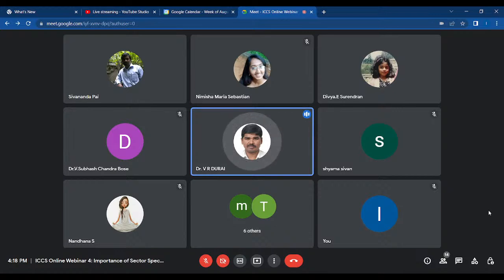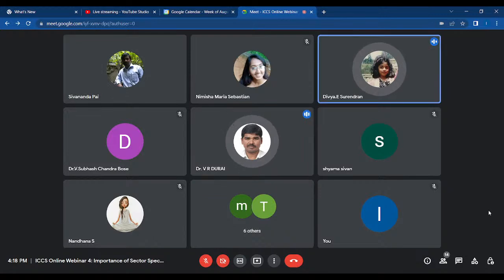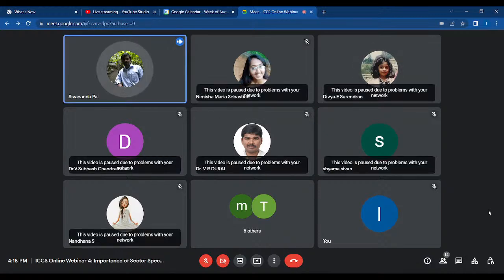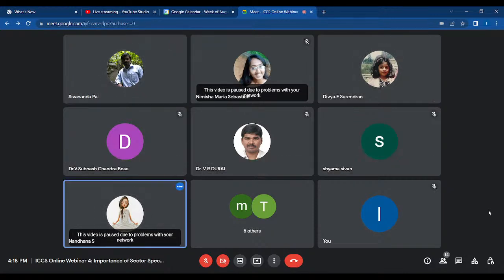Moisture plays the major role. Yes, of course, sir. High moisture and high temperature give discomfort. Nandana, is it okay? Yes, sir. Okay, clear, sir.